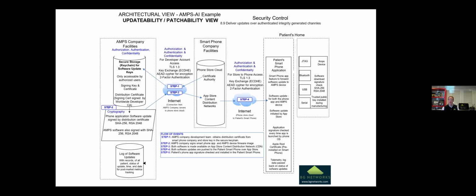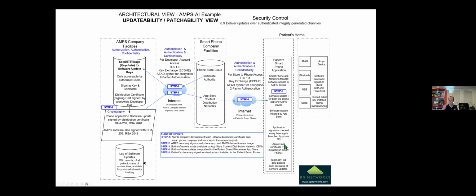And then it's going to step 5, which is the patient's phone is going to check for the signature on the app software that's being loaded. And actually, every time an app is launched by an iOS phone, the signature is being checked.